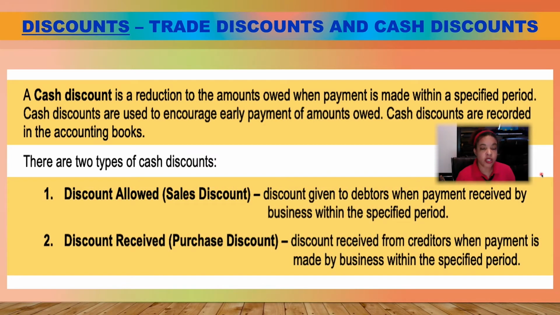That will be your discount allowed, popularly known as your sales discount as you further your studies. And then there's also the discount received, popularly known as your purchases discount, when you go on to further your studies. We for CSEC know it as discount allowed when we give a discount, and discount received when we receive a discount.